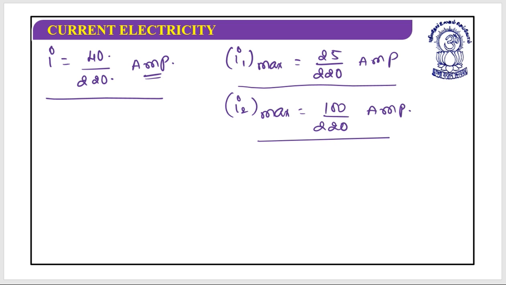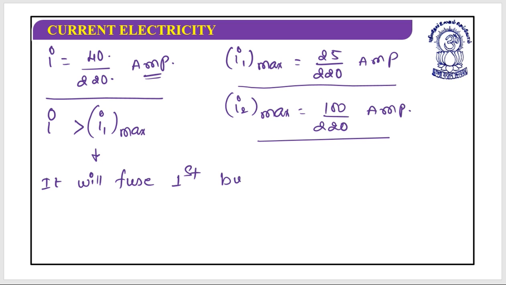This is the current that can be passed through the second bulb. As the value of I is greater than I1 max, it will fuse the first bulb, and the second bulb will be safe.